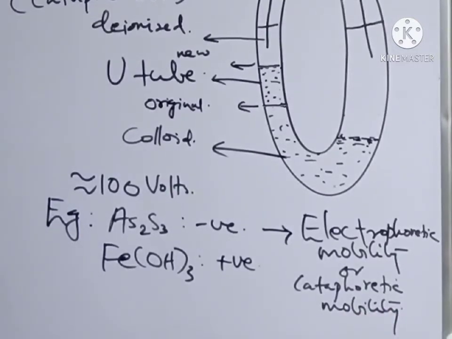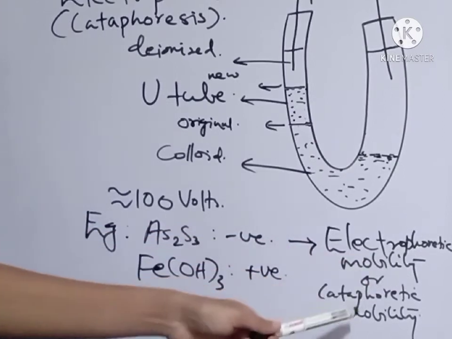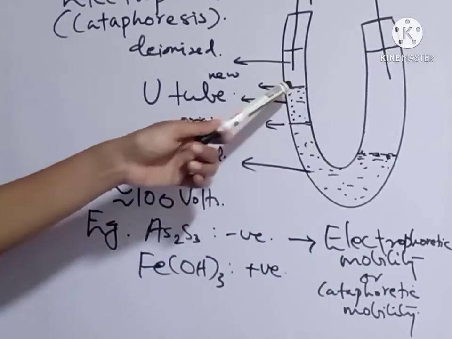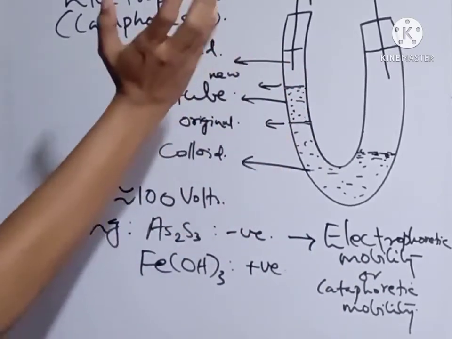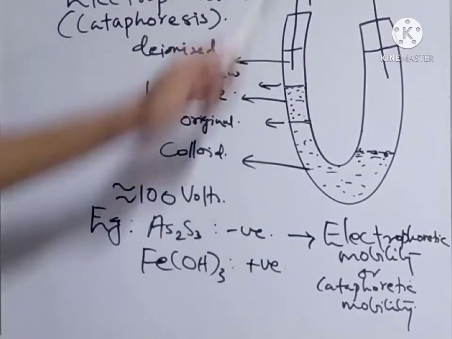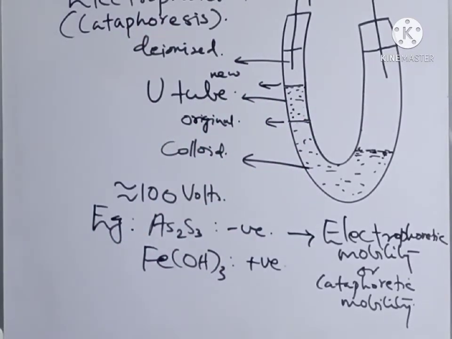Electrophoretic or cataphoretic mobility is the term used to represent the speed of the colloidal particle under a certain potential difference.